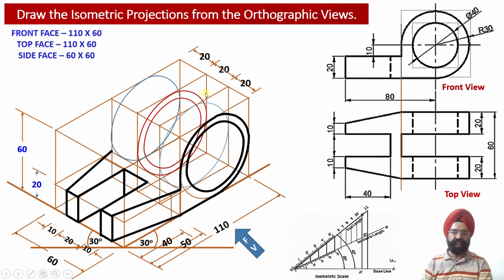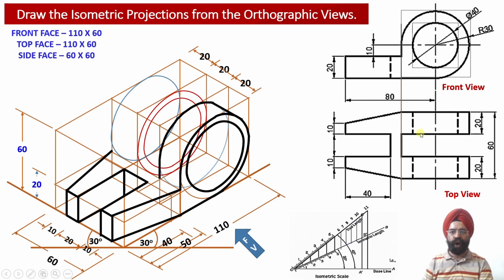So please check, this width we have already marked as 20 millimeter. So this width we take as 20 millimeter, and then only this portion of the circular cross section will be visible, that is, the outer surface of the circular web will be visible to the observer.